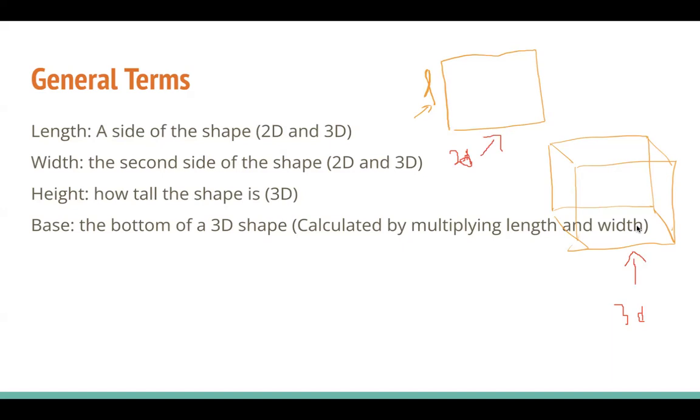Yeah, so this one is 3D and this one is 2D. So the length would be the side. The length on the square would be like that, and the length on here would be like this. And then the width is the second dimension, so it'd be here and here.